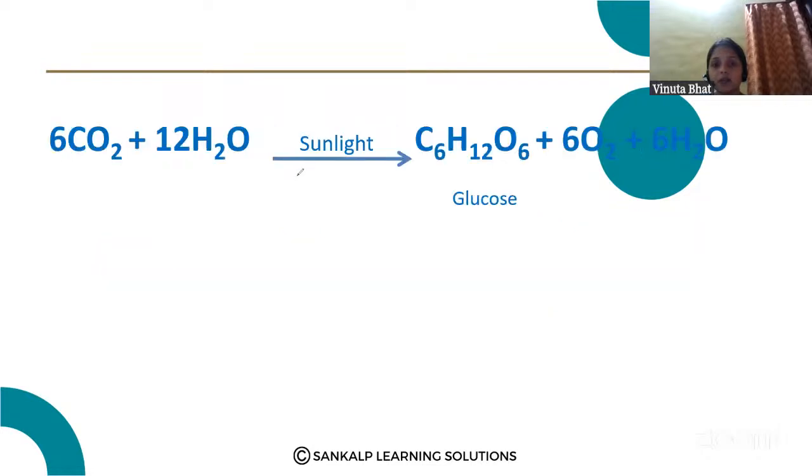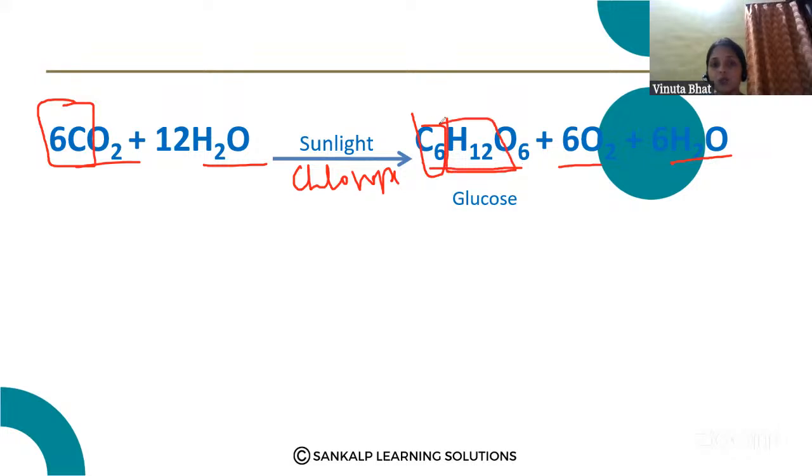Sunlight and chlorophyll. CO2 plus H2O gives us C6H12O6, 6CO2 plus 6H2O. So just compare the carbon. That is also the same in the reactant and the product. And hydrogen, that is 12 plus 12, 24.